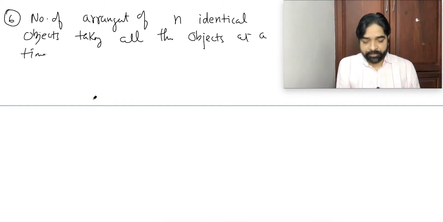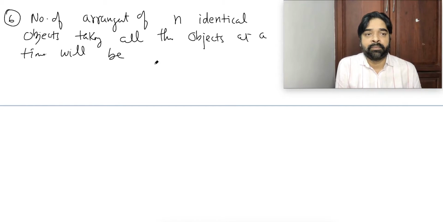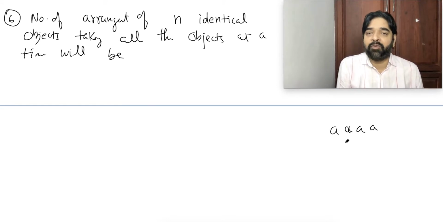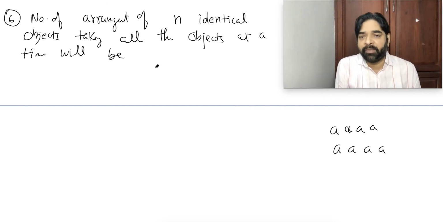You can answer. Say 4 A's are there and I want to arrange all 4. In how many ways can we arrange? Only one way. Arrangement means interchanging of the objects. If there are 4 A's, and you interchange this A with this A, is any new look coming? No, that will be the same look only. So it will be only one way. It will be 1.